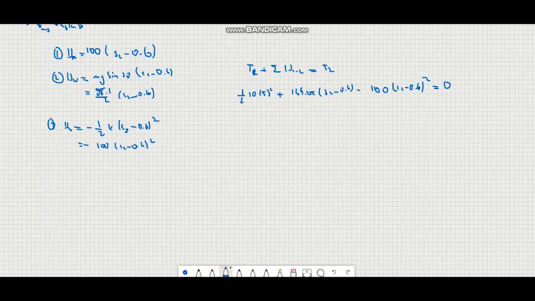It is a quadratic equation, so it's easy to calculate. We open it up and calculate the root of S2, and you will see S2 is 2.69 meter. From 0.6 meter, the delta S is 2.03 meter.